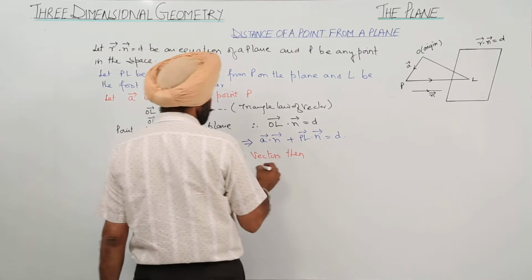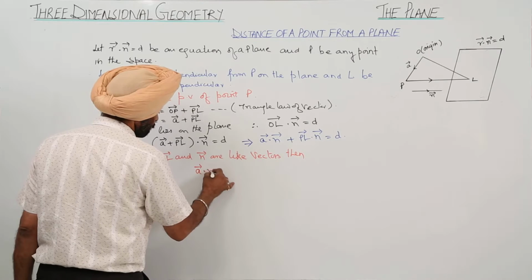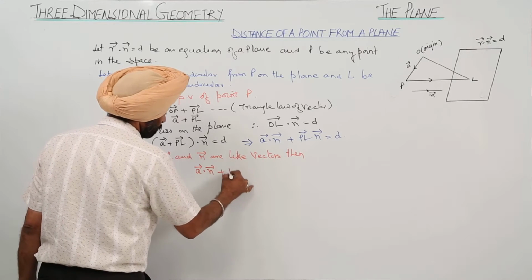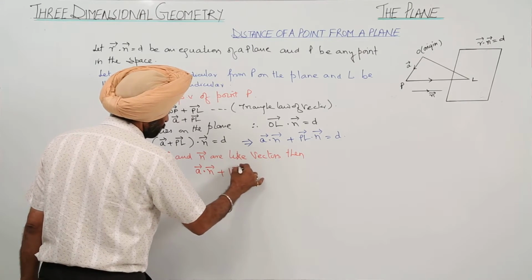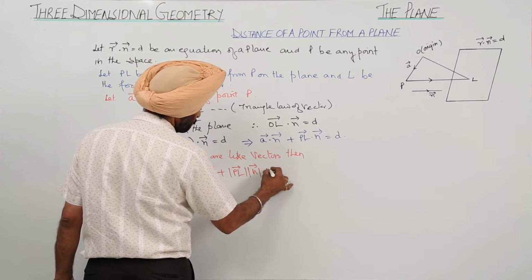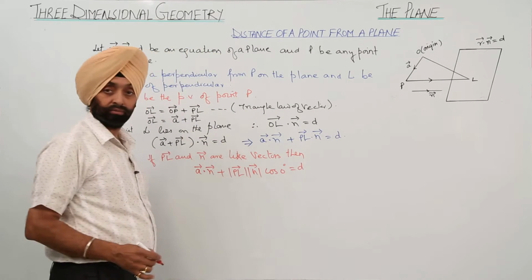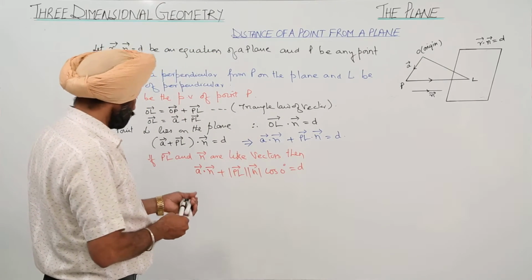Then we can write vector A dot vector n plus magnitude of vector PL, magnitude of vector n cos 0 degree is equal to D.